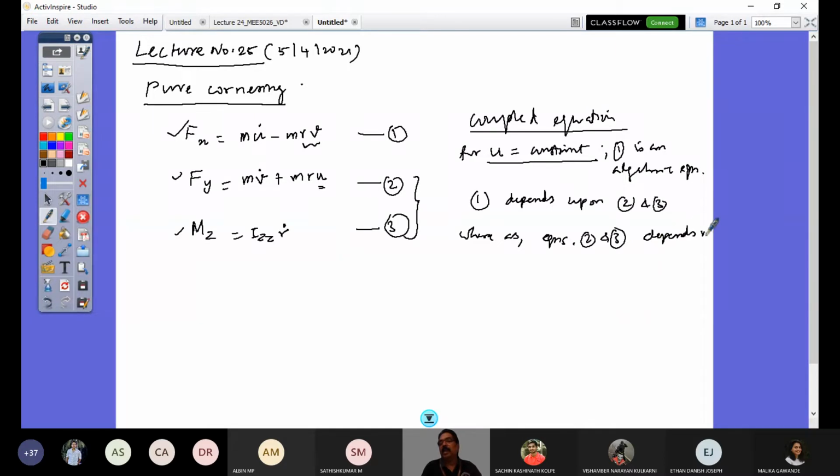Where u is forward speed, so u dot is 0. So you see that the first equation is an algebraic equation. It is not having a term u, forward speed. So these 2 and 3 are independent of equation 1. That's why these two equations are sufficient for the study of pure cornering.